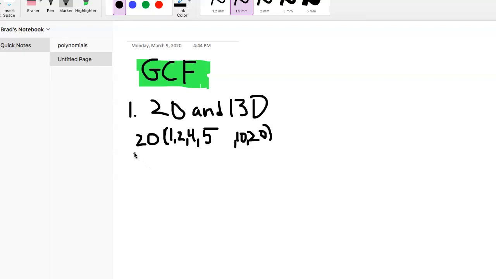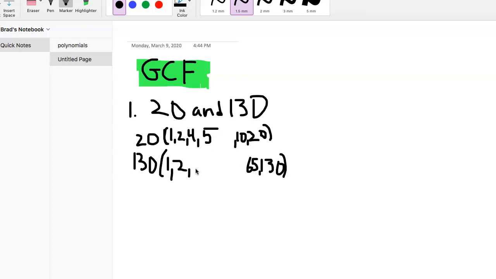Okay, and then we have 130. Okay, big number, right? But really we do it the same way. You may have to take your time a little on multiplying out some of these bigger numbers. Make sure we don't skip over anything. So we start off with 1 and 130, 2 and 65.